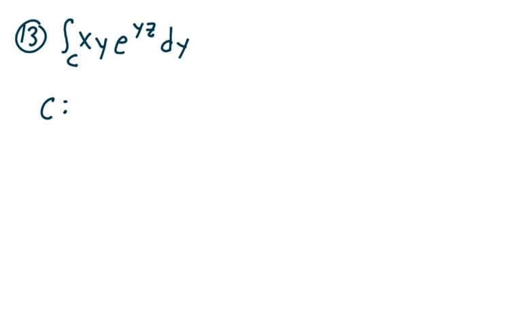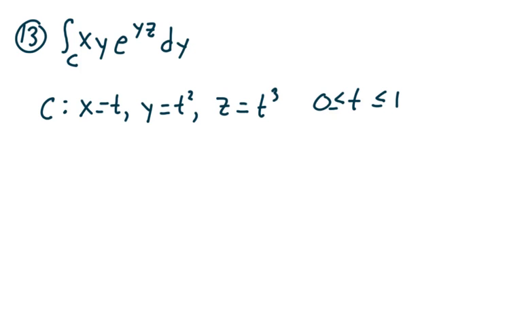You get x equals t, y equals t squared, and z equals t cubed. And t is between 0 and 1. Now, when we go to make our substitution, we got to just really watch what we need, right?